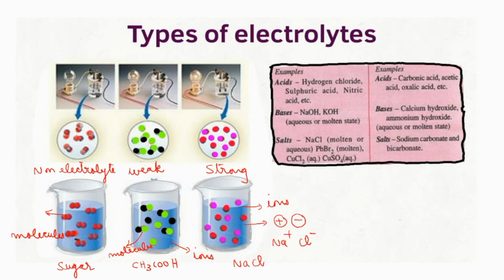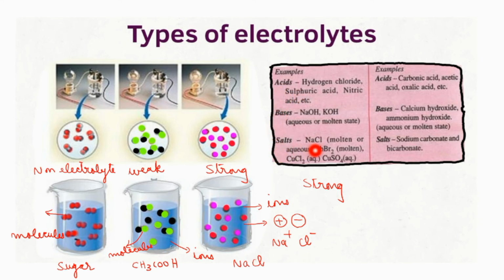You will also have to remember some examples of strong electrolytes and weak electrolytes. How to memorize? Strong electrolytes are strong acids and strong bases, easy to memorize, no? Sodium hydroxide and potassium hydroxide, and all mineral acids like HCl, HNO3, H2SO4 are strong electrolytes.